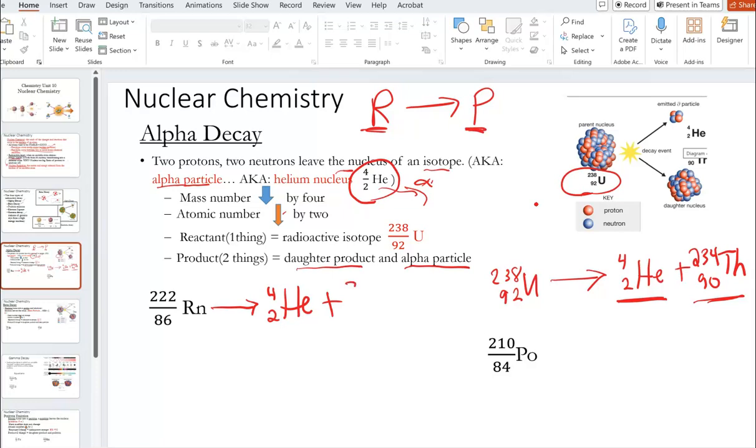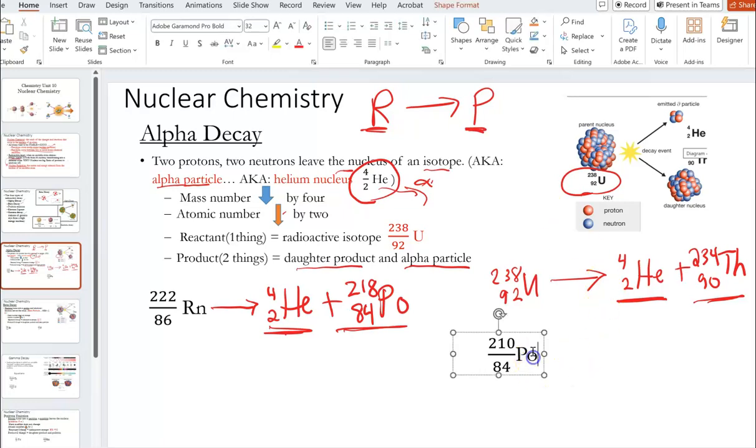And my atomic number goes down by 2, so that's 84. So now I'm going to go to my periodic table and find the element that has the atomic number of 84. And that would be polonium. So radon, when it breaks down through alpha decay, will produce an alpha particle and a new daughter product, which is polonium 218.